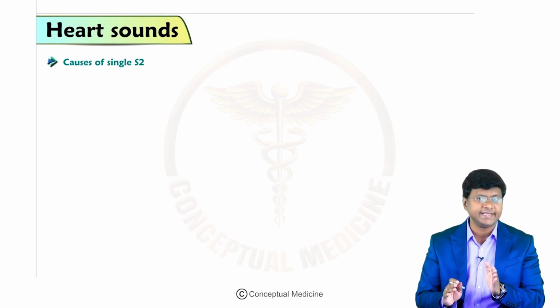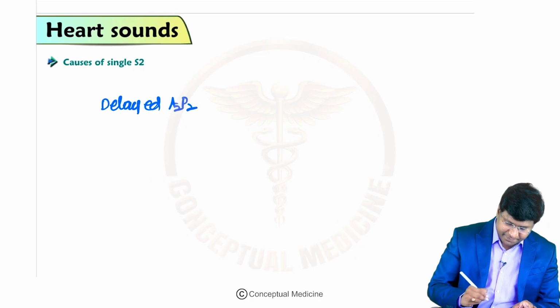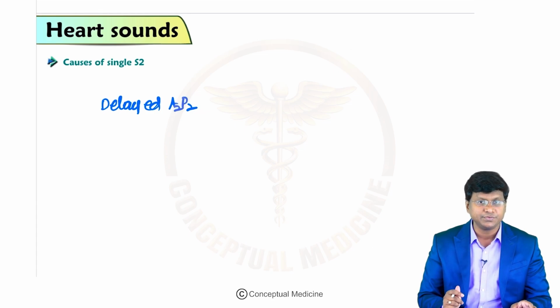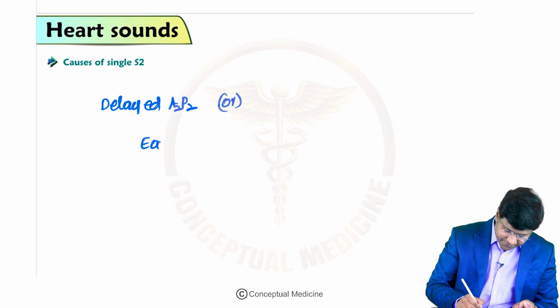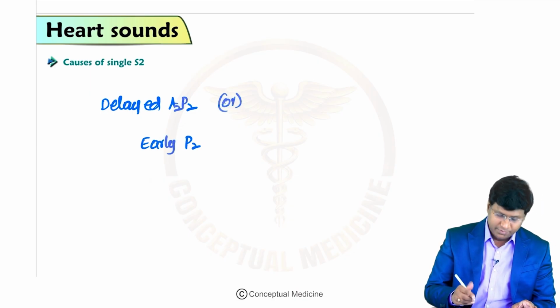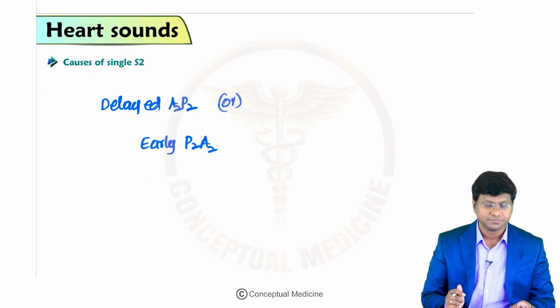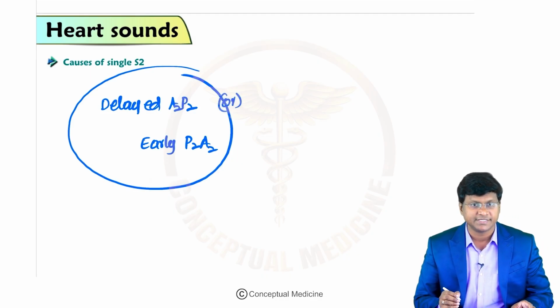Either there should be a delayed A2 that will merge with the P2, or there should be an early P2 which will merge with the A2. In both of these scenarios, you will have the presence of the single S2.